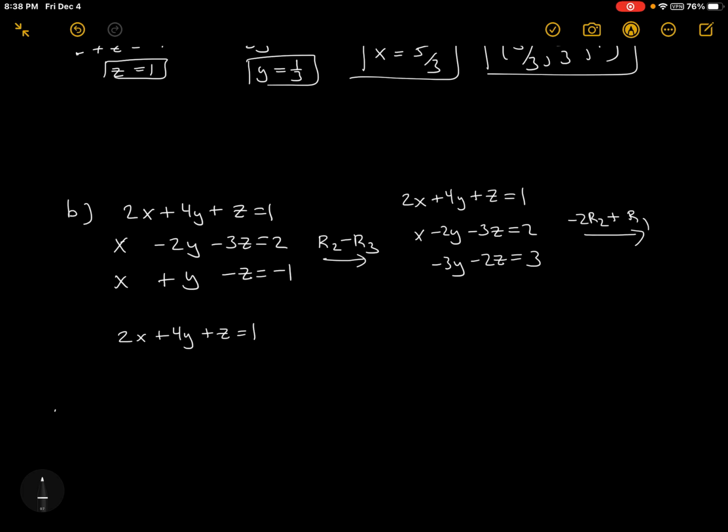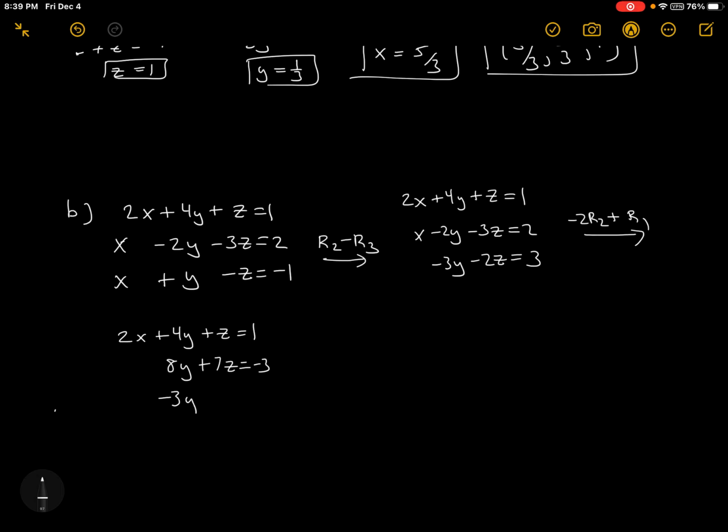And I'm going to do some math here. -2 times x is -2x, -2x plus 2x is 0x. -2 times -2y is 4y. 4y plus 4y is 8y. -2 times -3z is positive 6z. Positive 6z plus 1z is 7z. And -2 times 2 is -4. -4 plus 1 is -3.